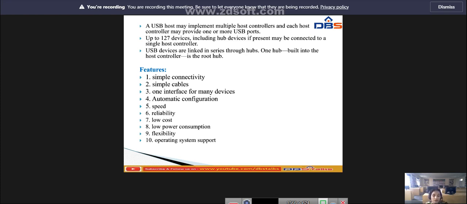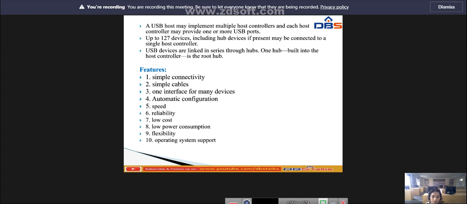Next, speed. Different versions of USB provide different data rates. Next, reliability. The USB protocol enables detecting data errors and notifying the sender so it can retransmit. Next is the seventh one, low cost. USB components and cables are inexpensive.